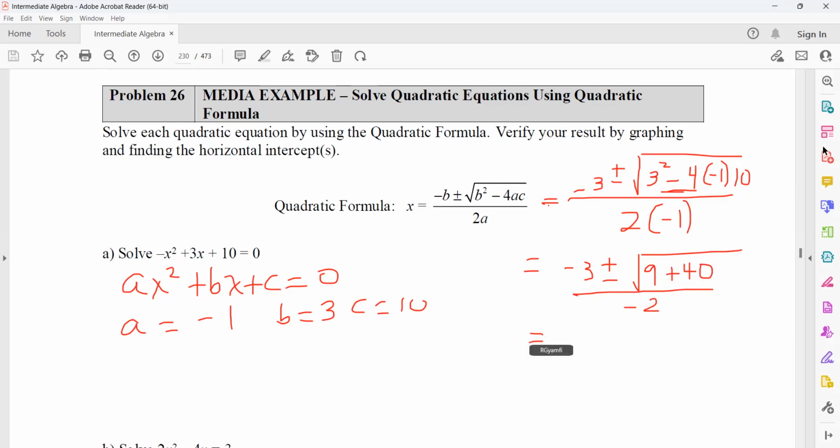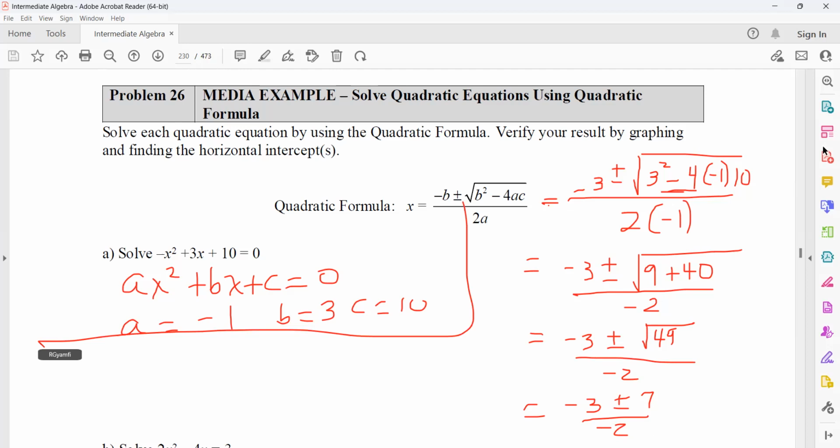Now this should give me negative 3 plus or minus square root of 49 all over negative 2. Now we do know that the square root of 49 is 7 all over negative 2. So we're going to have two solutions for this. We have negative 3 plus 7 all over negative 2, or negative 3 minus 7 all over negative 2.